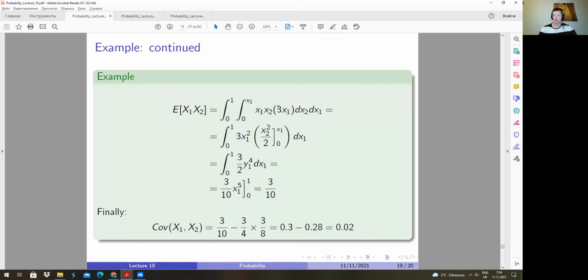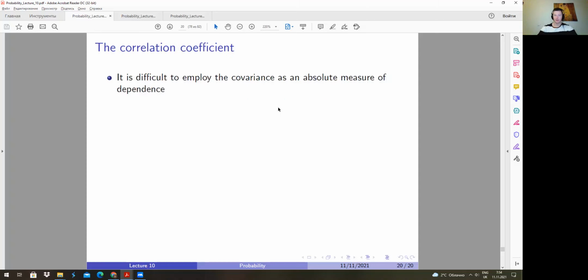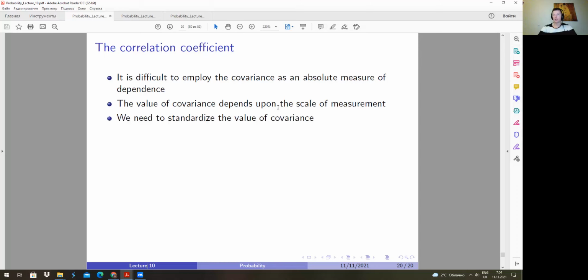We can say nothing about it. So the value of covariance depends on the scale of measurements. We really want to standardize the value of covariance to say, well, this is the large dependency or strong dependency, this is the weak dependency.